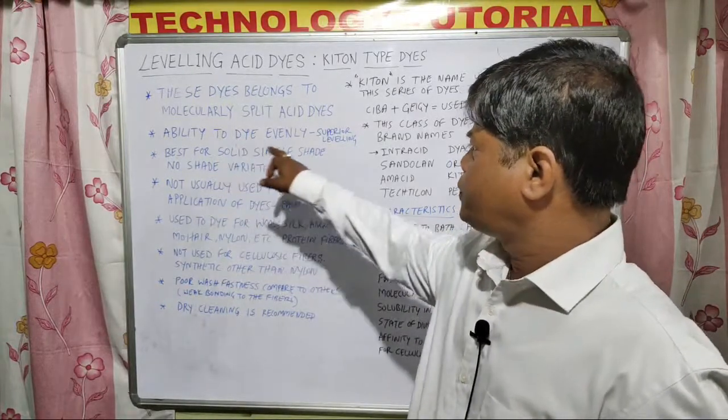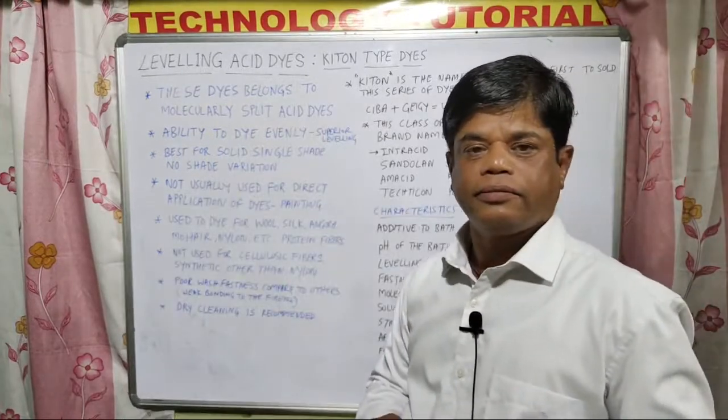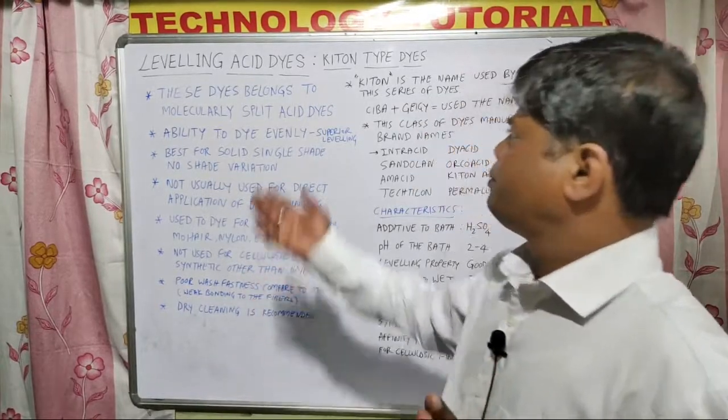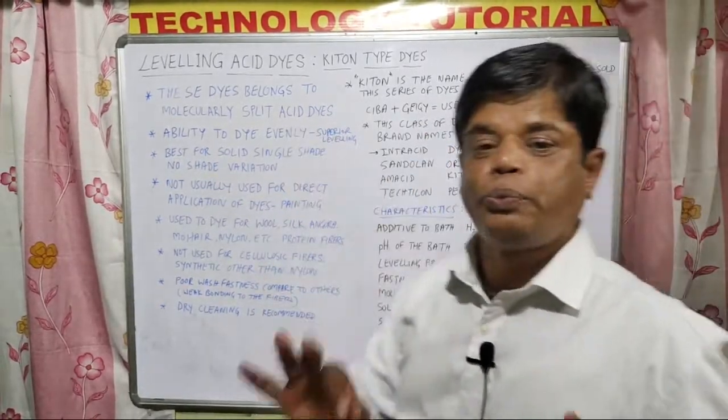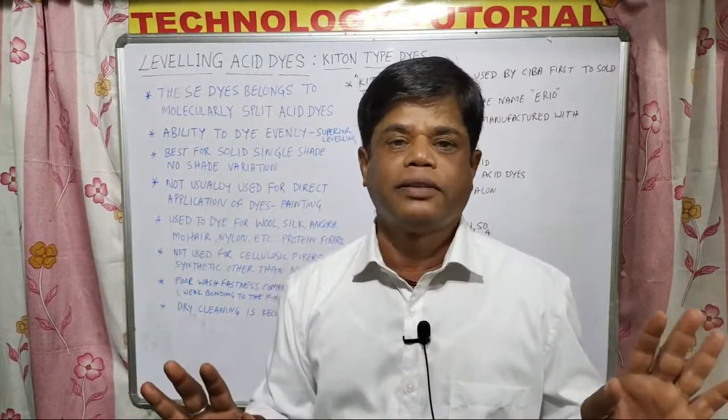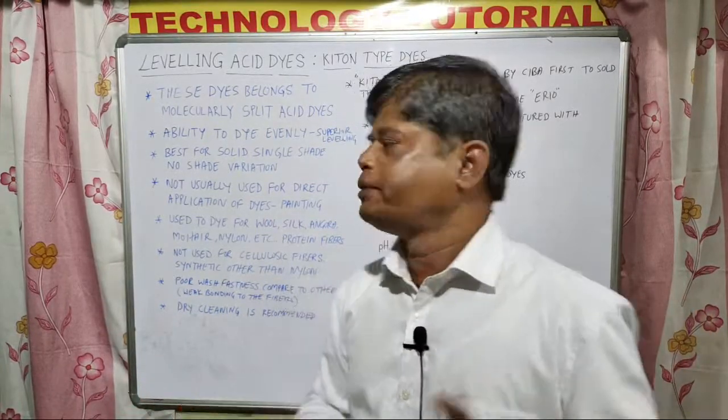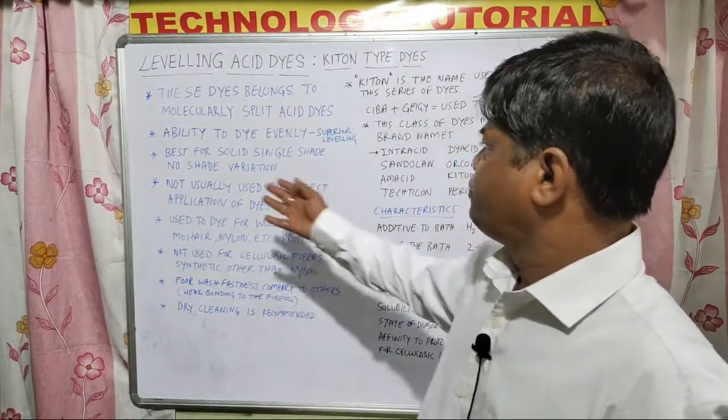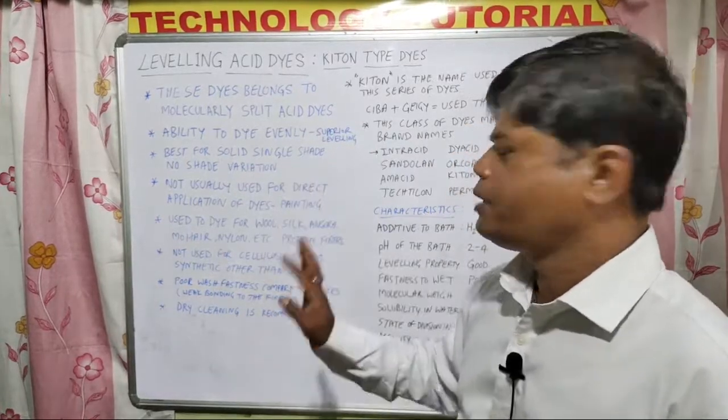Friends, these dyes have the ability to dye evenly. The name itself says it: this type of dye gives superior leveling. It is best for solid, single shade color with no shade variation.